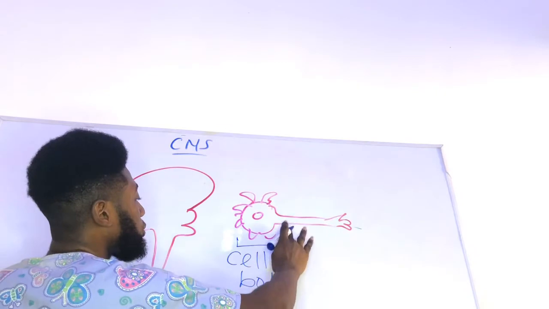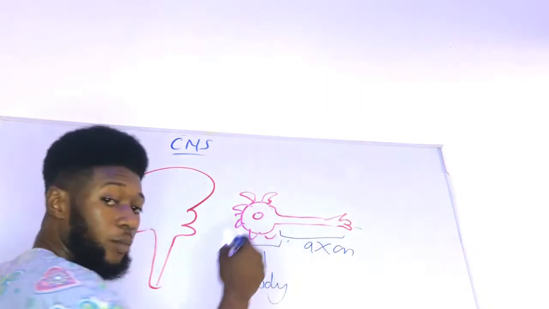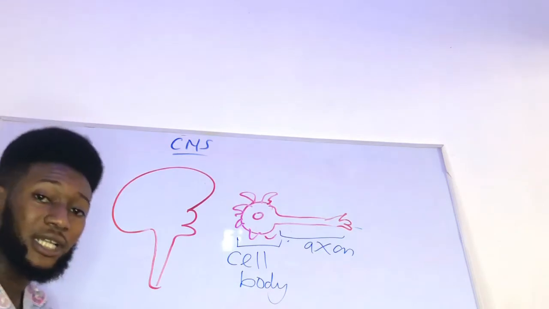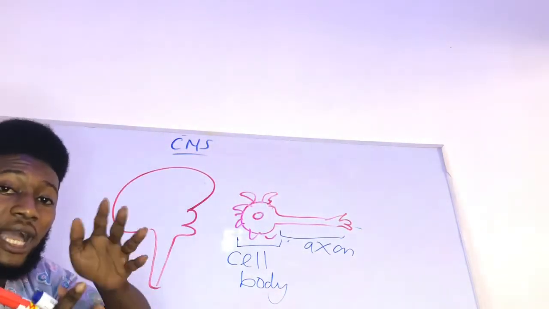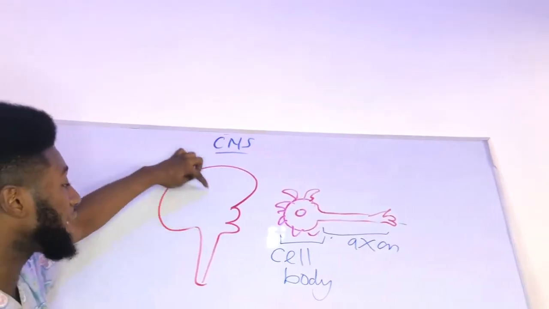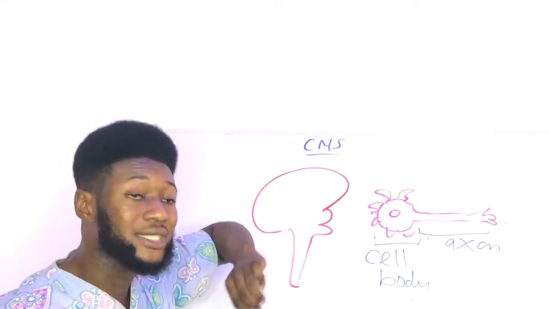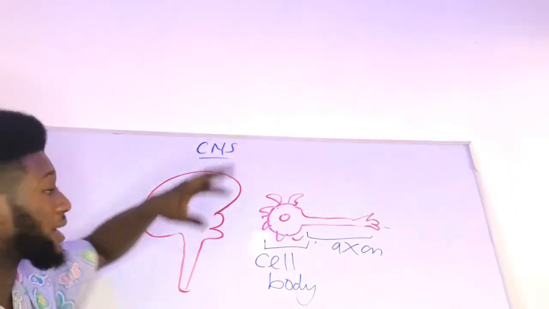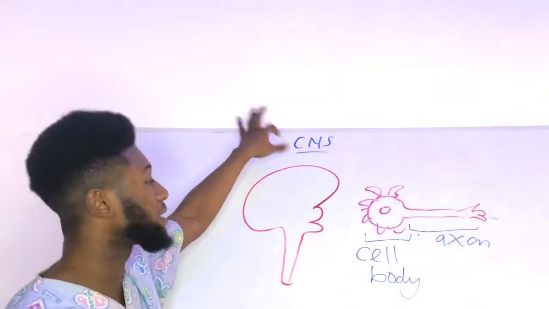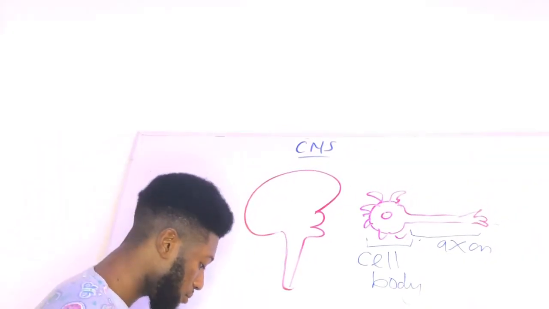And I am the axon. A group of axons inside the central nervous system are tracts, and a collection of them outside the central nervous system are nerves. And this is how it will look.